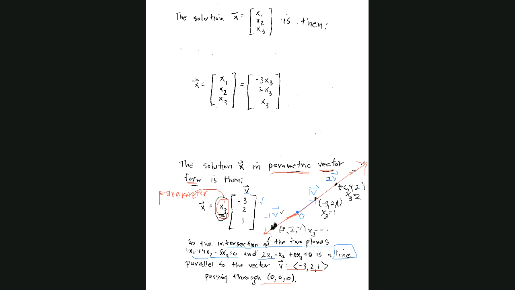Okay, that's what I'm doing. My hope is you'll see that if you let x3, the parameter, take on an infinite number of values, you're going to generate this line in space, parallel to the vector v, passing through the origin. O'Shea, does that make sense? Okay, you're welcome. Are there any other good questions before we move on?